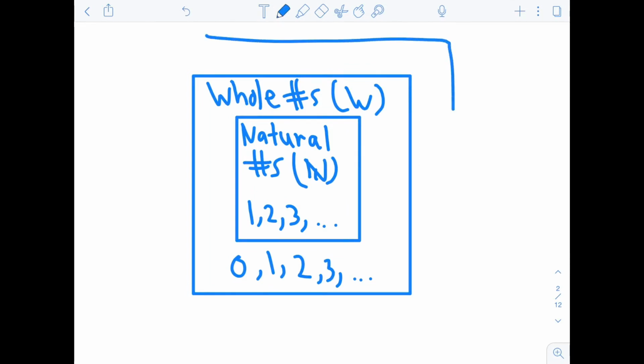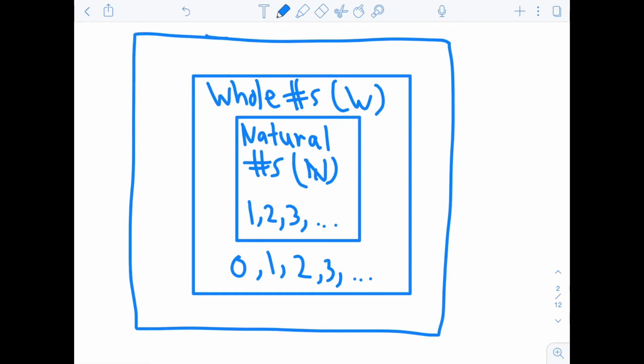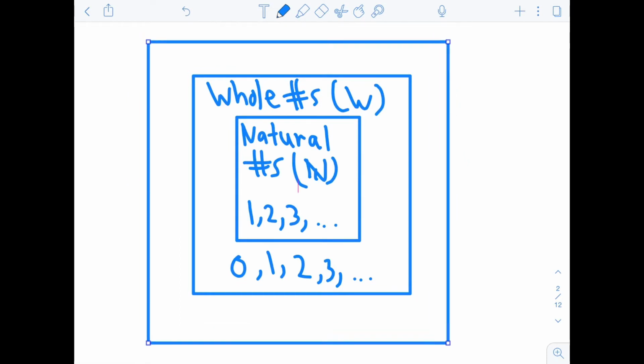So beyond that are the integers. So you might be wondering, oh, the symbol for that's definitely I. But no, we're going to keep that I for later.